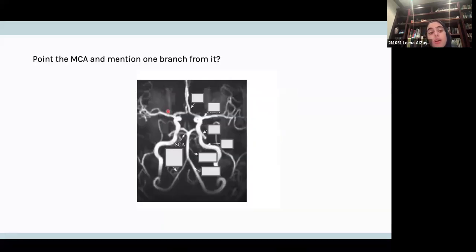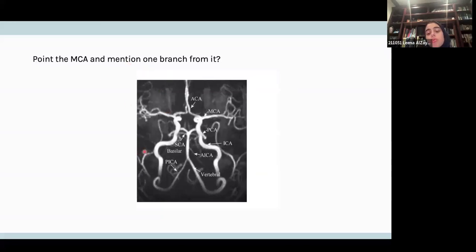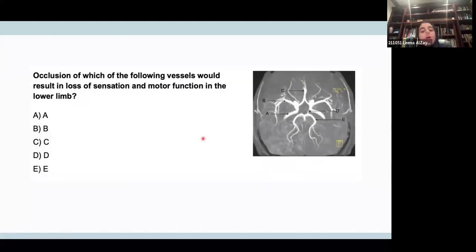So over here, point at the MCA and mention a branch. So the MCA is actually here. It's this line, and the anterior cerebral artery is a branch of it. Occlusion of which of the following vessels would result in the loss of sensation and motor function of the lower limb?